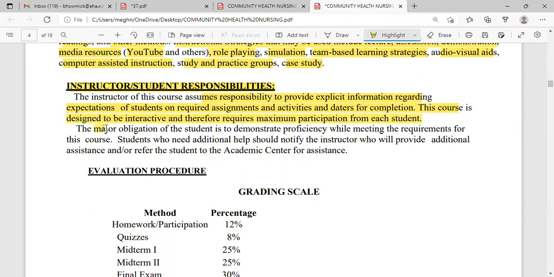The major obligation of the student is to demonstrate proficiency while meeting the requirements for this course. Students who need additional help should notify the instructor, who will provide additional assistance and refer the students to the academic center for assistance.